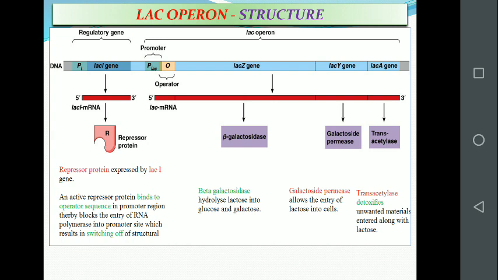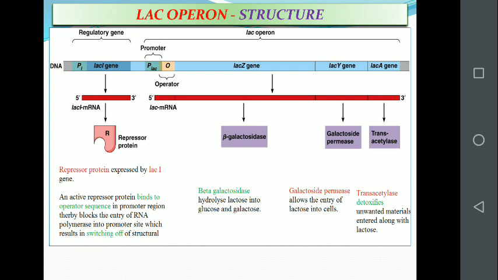So a small quantity of repressor will be produced continuously. Okay, so if the lactose is absent, then what happens? The LAC-I gene is continuously producing the repressor molecule.